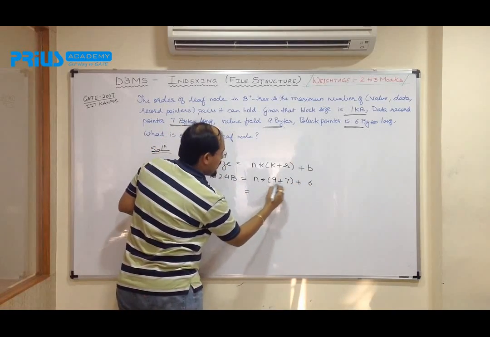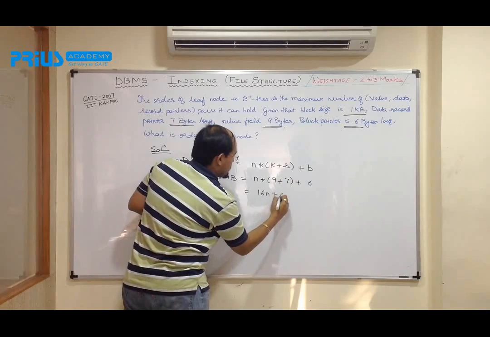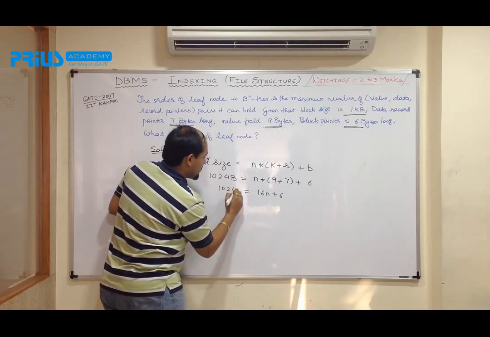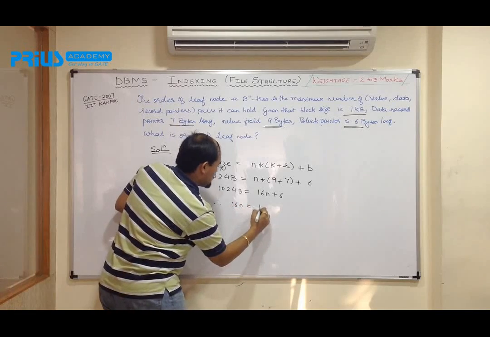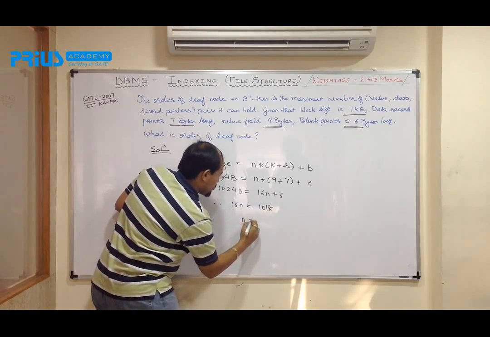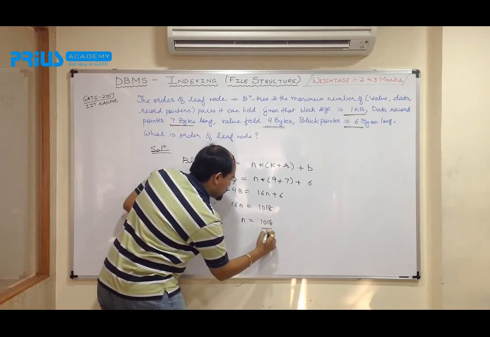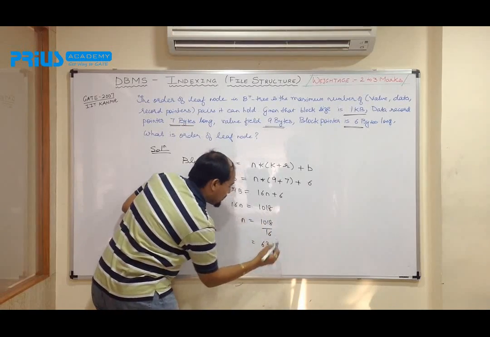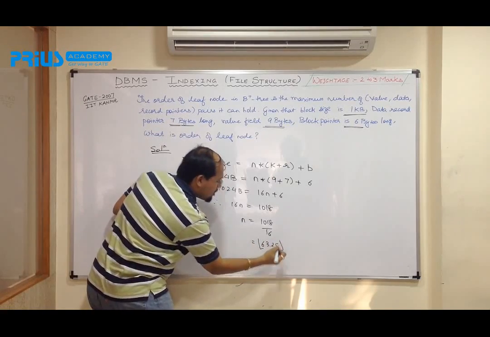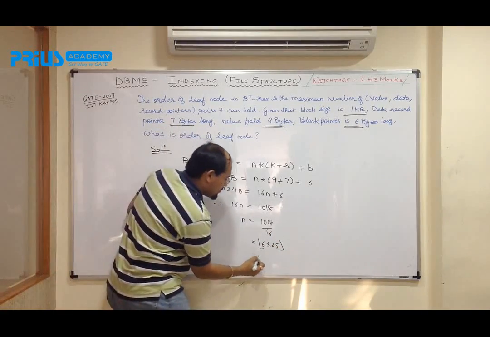So this gives me n times (9 plus 7), 16n plus 6 is equal to 1024 bytes. Therefore 16n is equal to 1018. So n is equal to 1018 over 16, and this will give me 63.something, and I will take the floor function, which is 63.